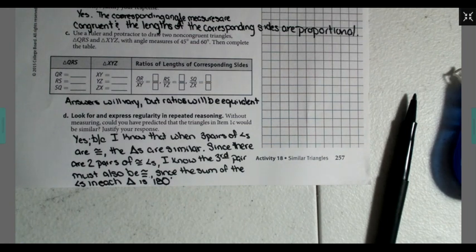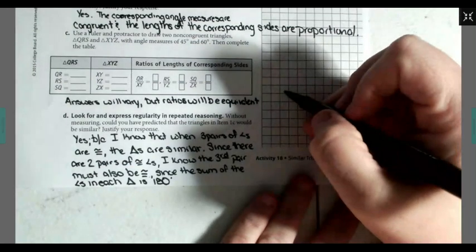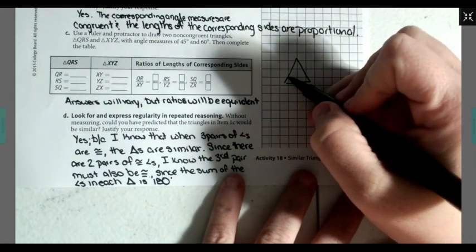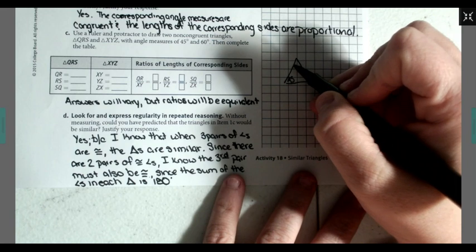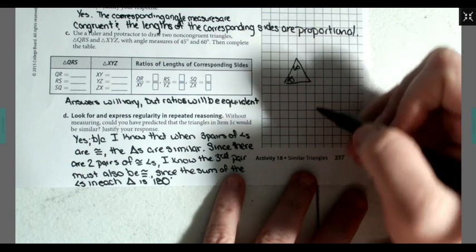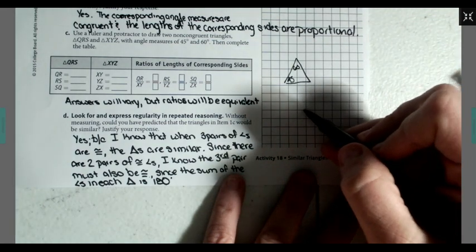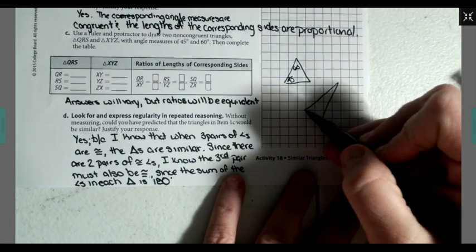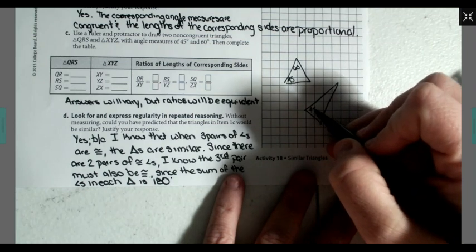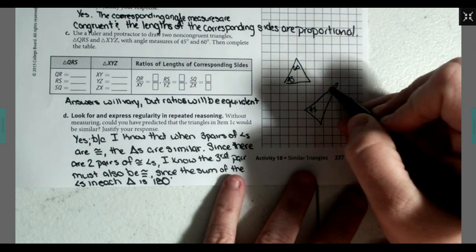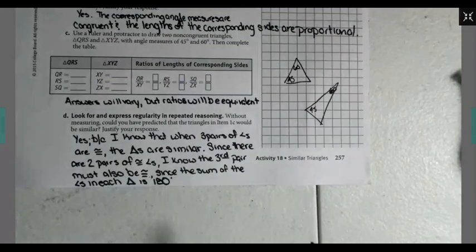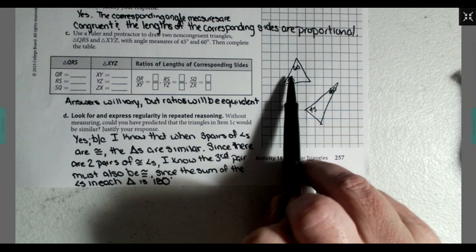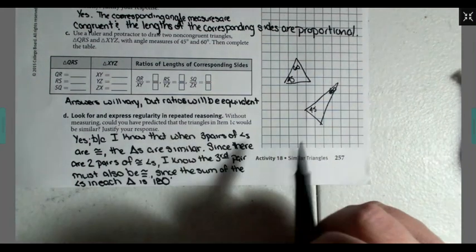Well, if I know that a triangle has 2 angles over here, now these are not drawn to scale, okay? But if we have 45 and 60 here, and then say I have another triangle here, and say this is 45 and 60 as well. Now again, not drawn to scale. What's the measure of this angle right here? Well, remember all angles add up to 180.